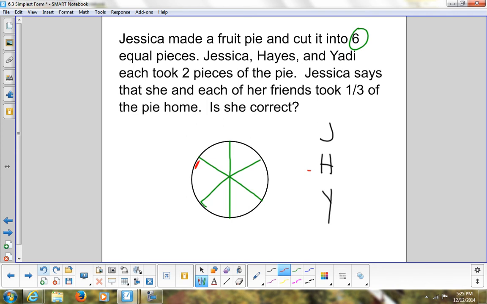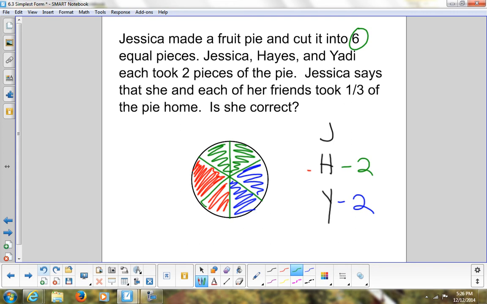Let's see, Jessica ate a piece, and Hayes ate a piece, and Yadi ate a piece, and Jessica ate another piece, and Hayes ate another piece, and Yadi ate another piece. Okay, so Yadi had 2 pieces, Hayes had 2 pieces, and Jessica had 2 pieces.